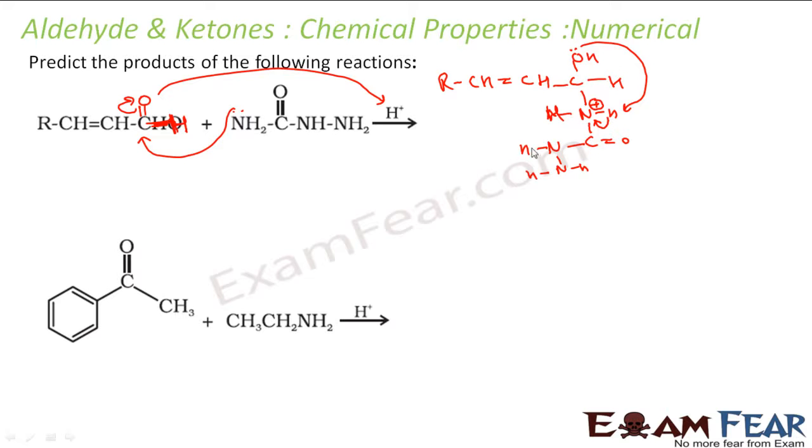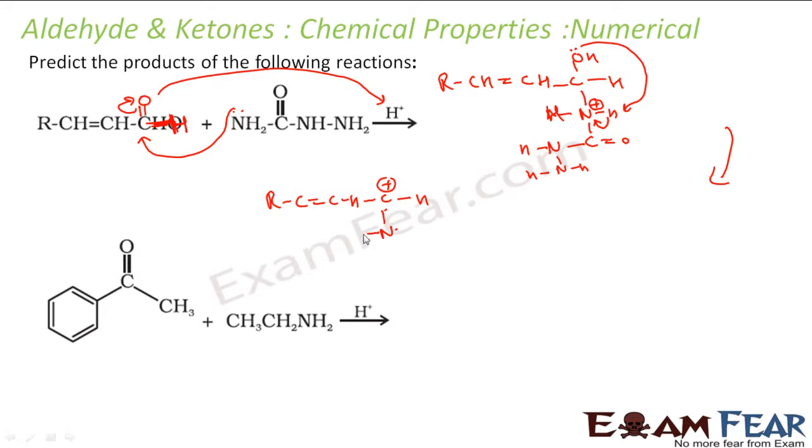We have seen this mechanism so many times, so I'll just write it here. So this becomes positive charge, H2 will go off, right? So with this it will become, there's the H here, and this is N, this is a double bond here. That's all.